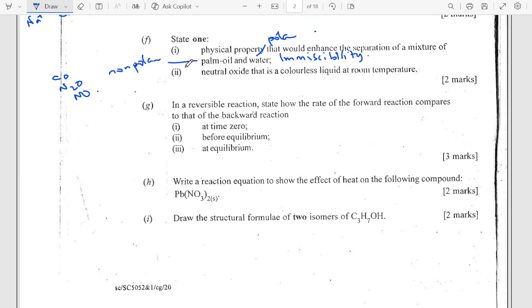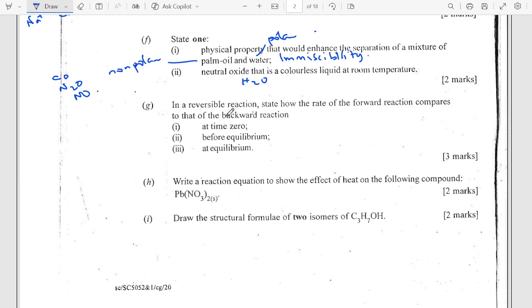I will need to confirm that quickly. Okay, so water is supposed to be the, oh yes, water is a neutral oxide that is a liquid. Yeah, so water is the correct answer there.